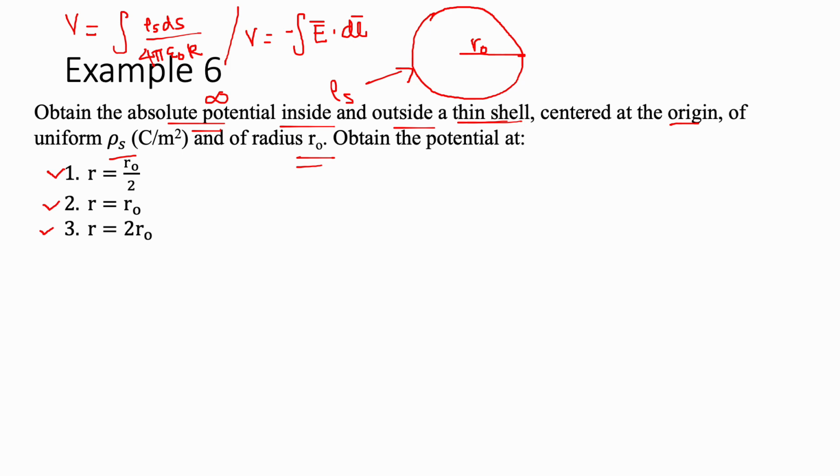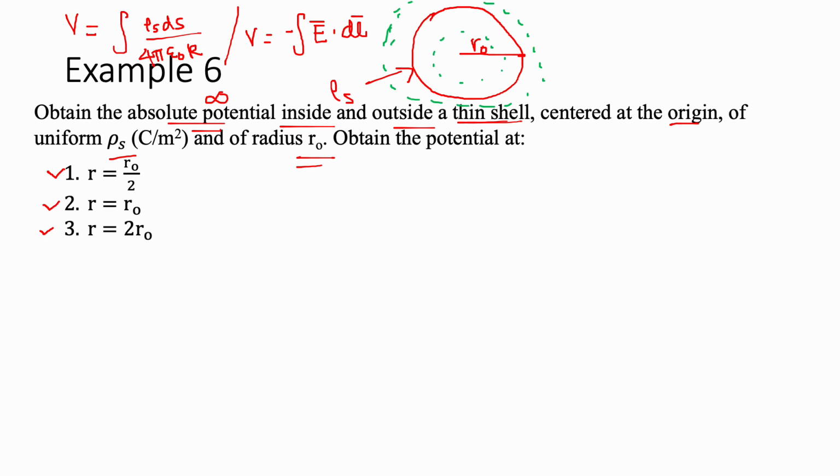In this question, we need to find the absolute potential inside and outside. Meaning that your R can be inside, somewhere around here, or outside this spherical shape. Based on our previous work, first of all, we can find the E field.